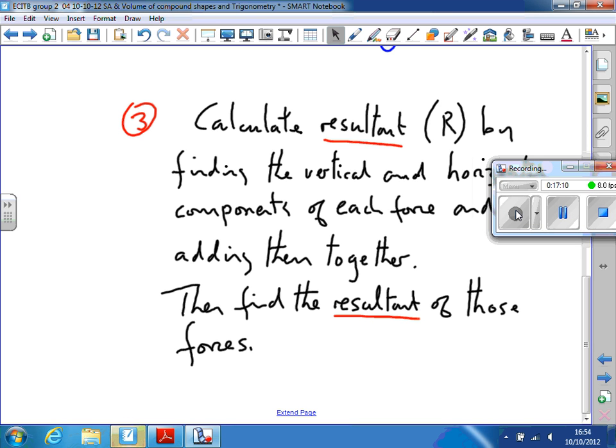So then find the resultant of those forces, and that's the resultant you're after.